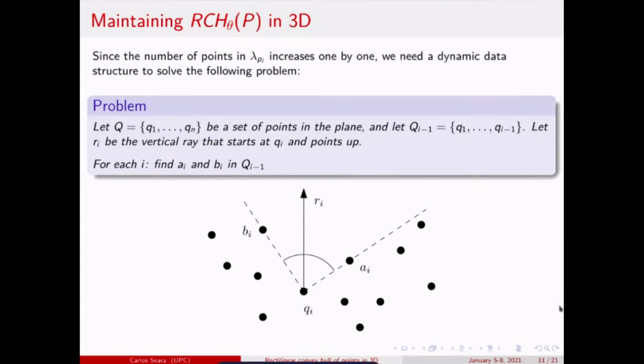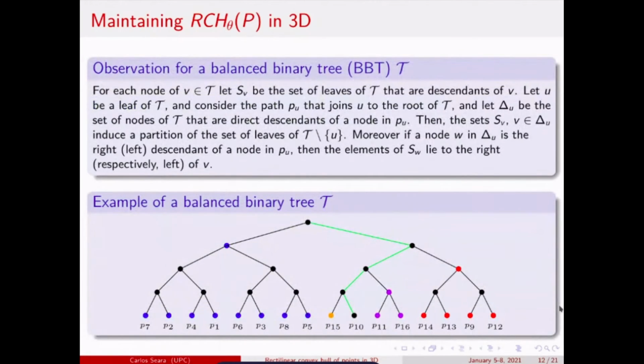Next slide, please. In order to do that, we are going to use a data structure, a balanced binary tree, in which you put the points that you have at the moment. Then there are the points on the left of this path, or on the right of this path, hanging from one of the points on this path.